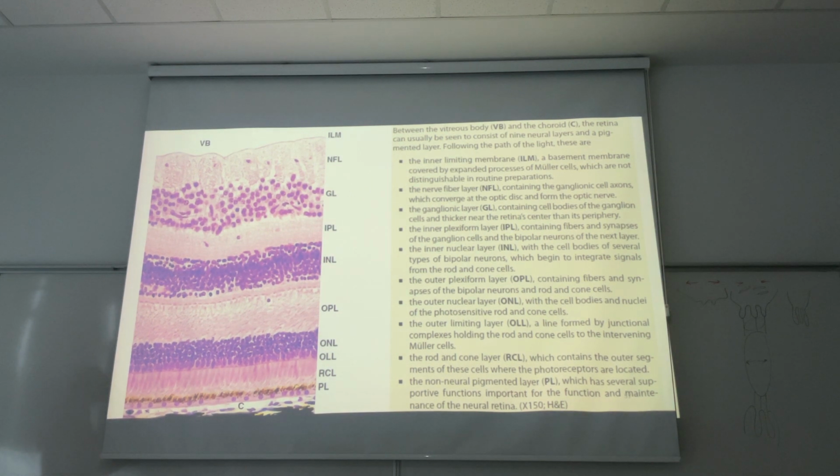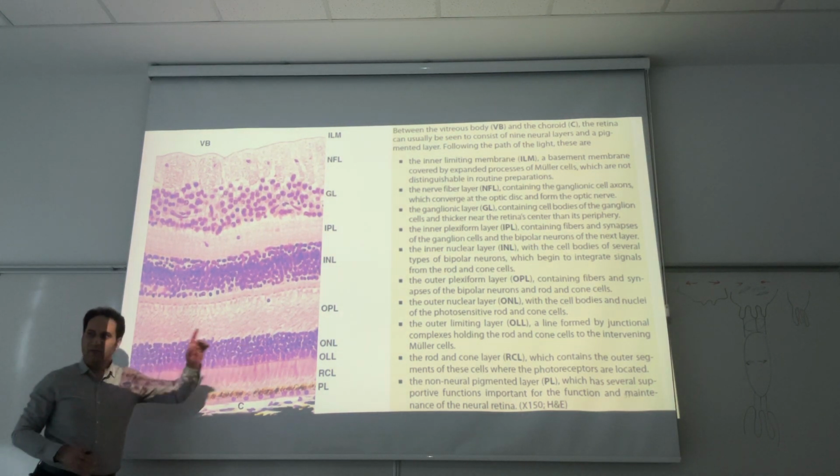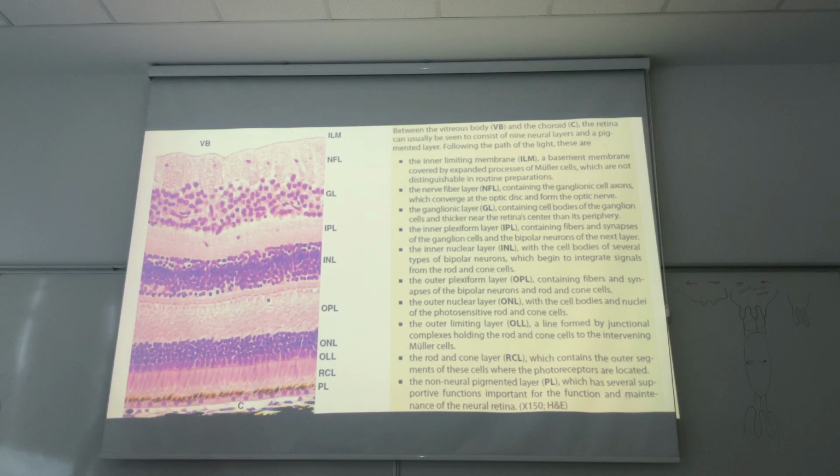Here you can see, in the outer nuclear layer, we have the nucleus of rod and cone cells. Only the nucleus of rod and cone cells. Yes, also here we have the cytoplasma of rod and cone cells. Okay? In this layer, we have one other cell's cytoplasma.